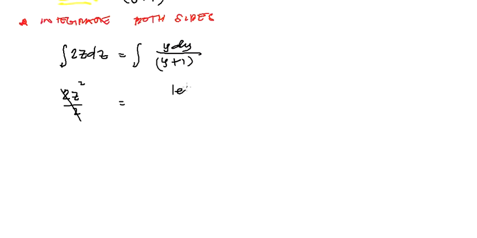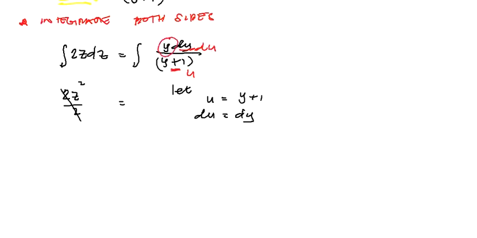So let us try to let variable u be equal to this denominator y plus 1, and then our du is the derivative of this side, dy, and we can now substitute this term as u and this term as du.